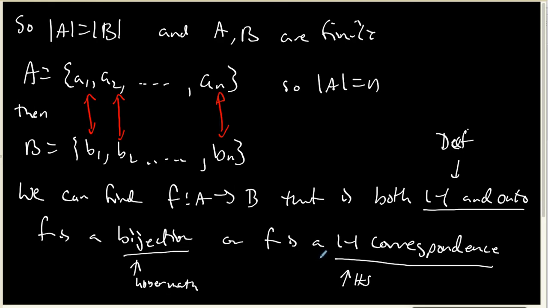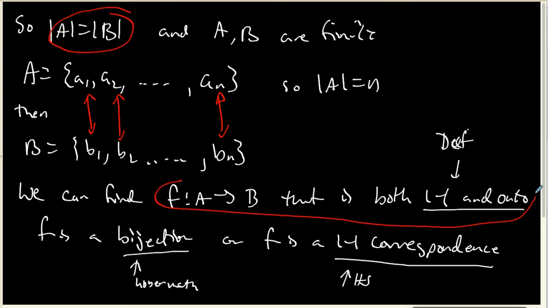Well, we can extend this notion that two sets have the same cardinality if we have a one-to-one and onto function to any kinds of sets, including infinite sets.